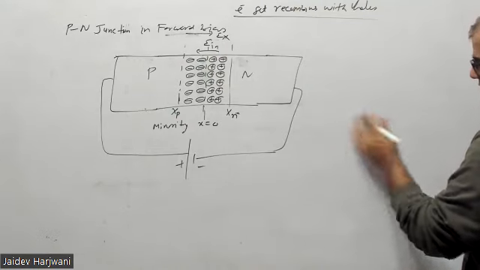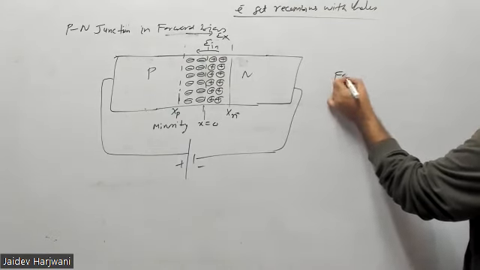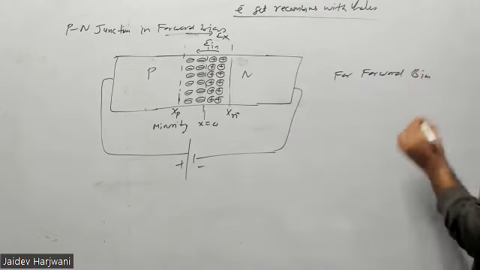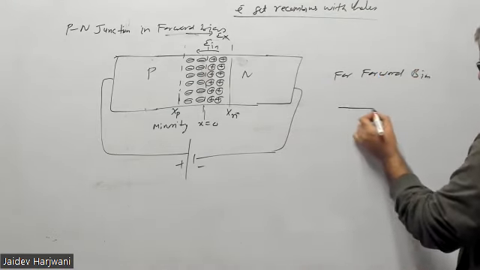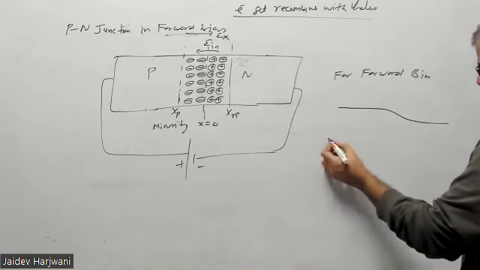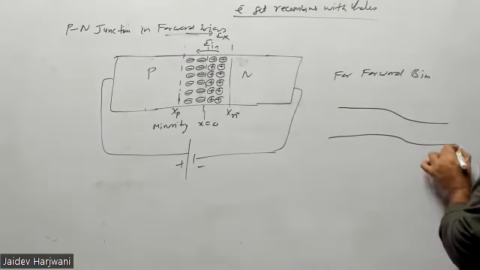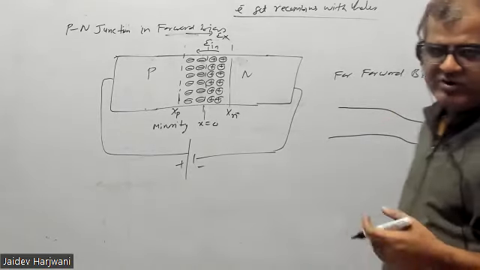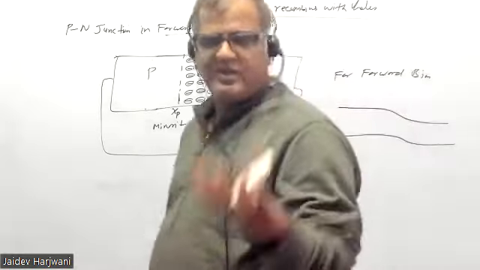So in equilibrium, when I apply forward bias, what's happening? This is the condition. Now this barrier, because the electric field is decreased, the gradient of the electric field, the more the electric field, the more the gradient.